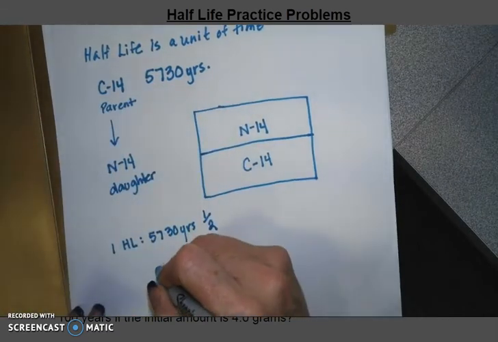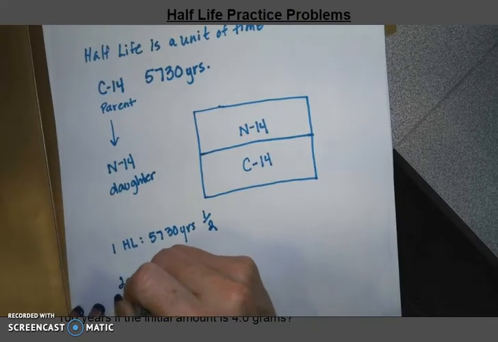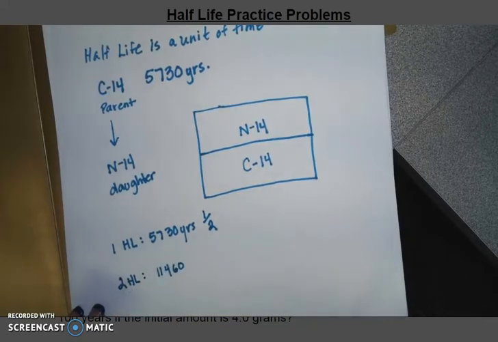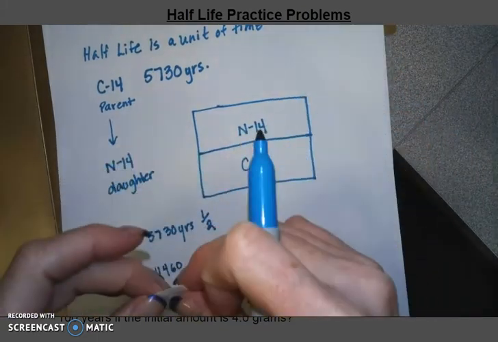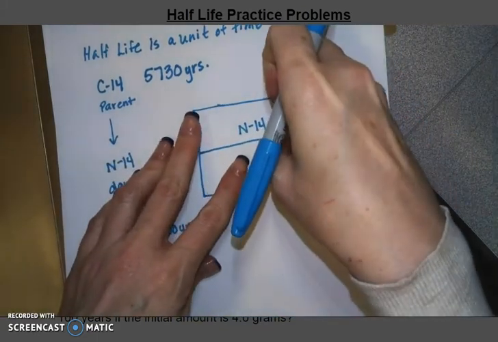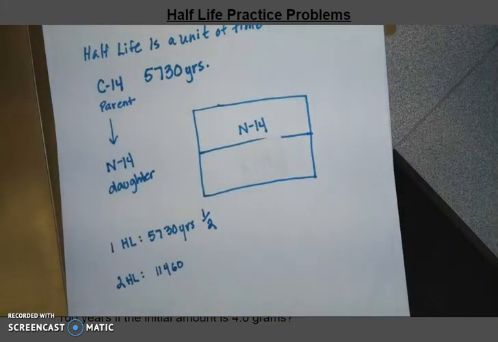So after a total of 11,460 years, 2 half-lives, the amount of carbon-14 that's going to remain is going to be less than half. We have to take that half now and divide it in half.